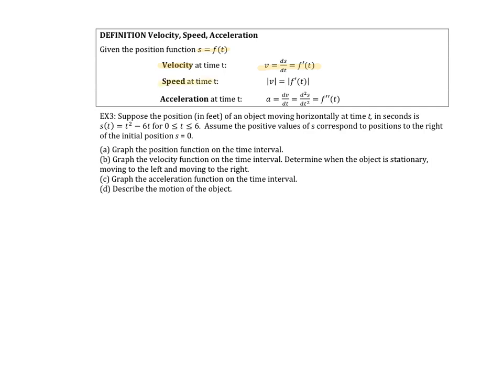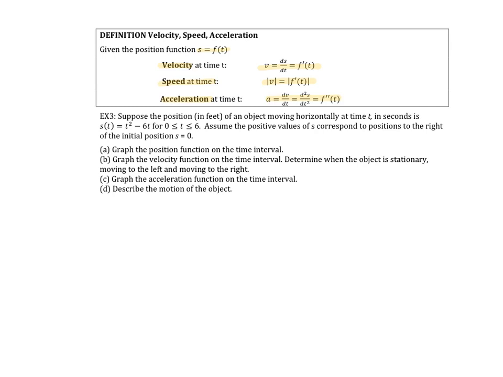To find the speed, and this is going back to vectors, speed is the magnitude of the vector, which is the absolute value or its length, so speed would be the absolute value of velocity. Acceleration would just be the derivative of the velocity or the second derivative of the position function. So if you have a position function, to get velocity, you take the derivative. To get acceleration, you take the derivative again, or the second derivative.